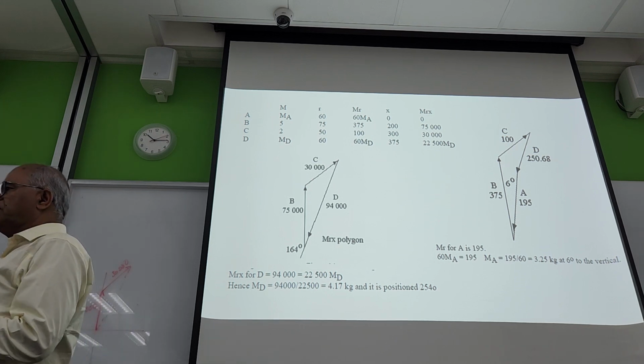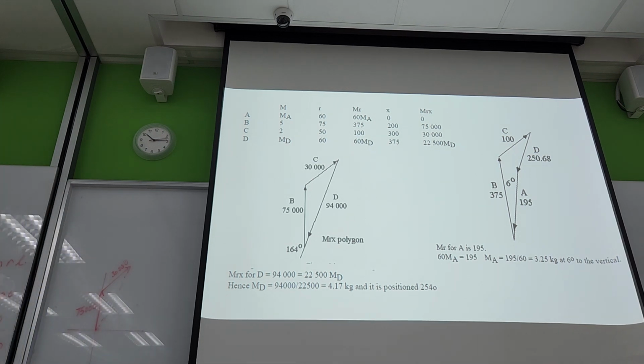So try to measure that. So this is the polygon I am referring to. So B is vertical. So the MRL magnitude is 75,000. So choose an appropriate scale and draw this 75,000.